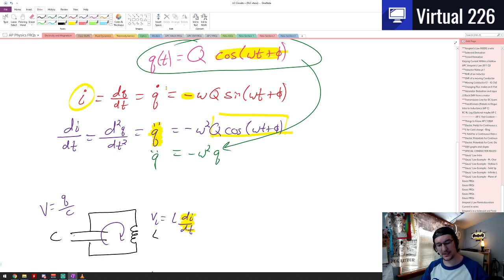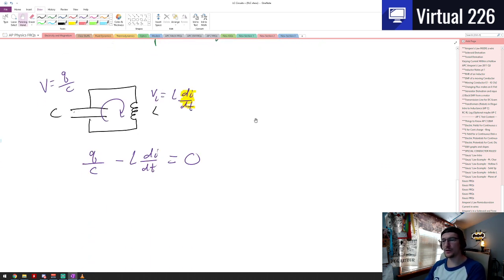Since our current can be thought of, in our case here, as a negative changing of the charge with respect to time, when we rewrite this as the second derivative, we're going to have Q over C, and then we're actually going to get two minuses here. We're going to get a negative that pops in on this di dt, which will actually turn this into a positive value.